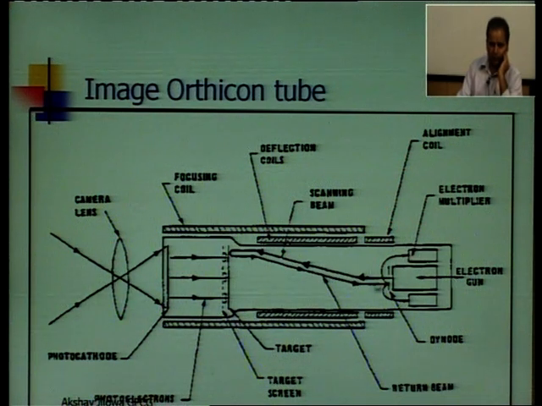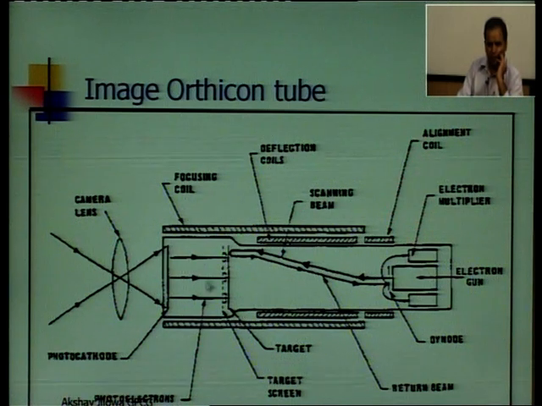For various spots we will be using this beam for continuously checking how much conductivity has varied with respect to its neighboring areas. This is the anode. An electron multiplier section is used in this particular tube. These are the alignment coils, and this is the electron gun which generates the electron beam for the purpose of scanning.